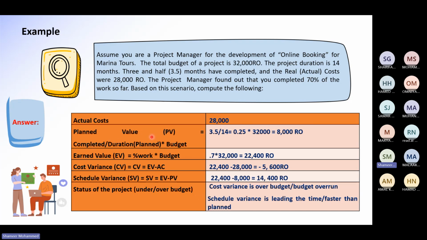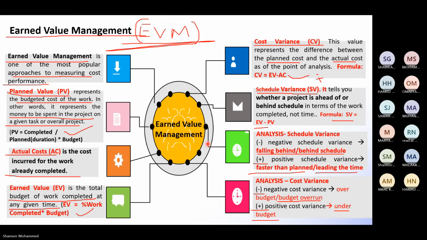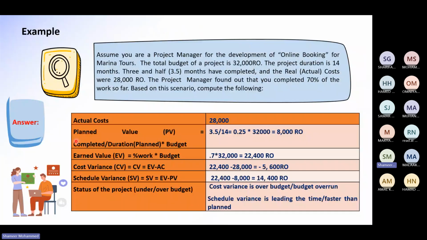Now you can see here, see planned value. What is the formula? Completed amount of work divided by planned duration into budget. So here you have like 3.5 is the time that you have completed. Divide by the total time, 14 months. So that is this one, 0.25 multiply with the budget.